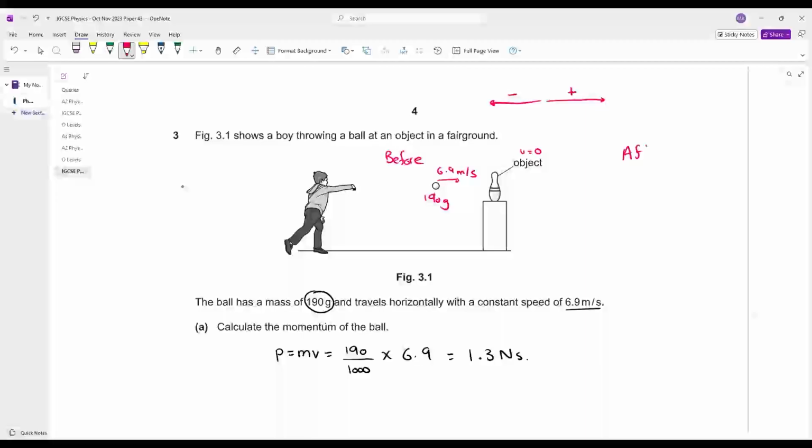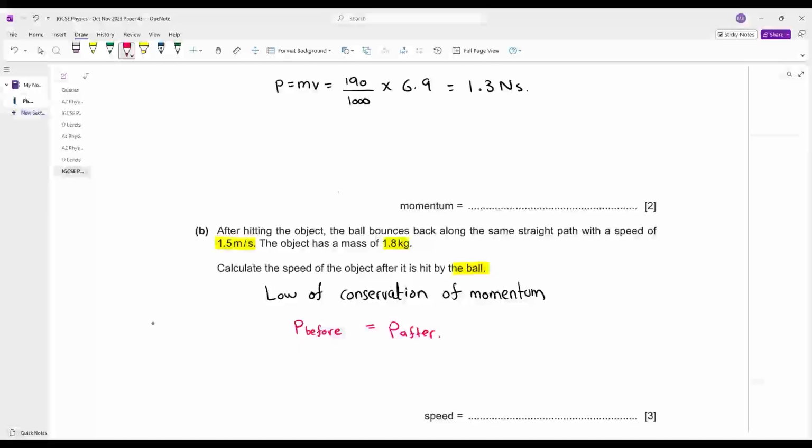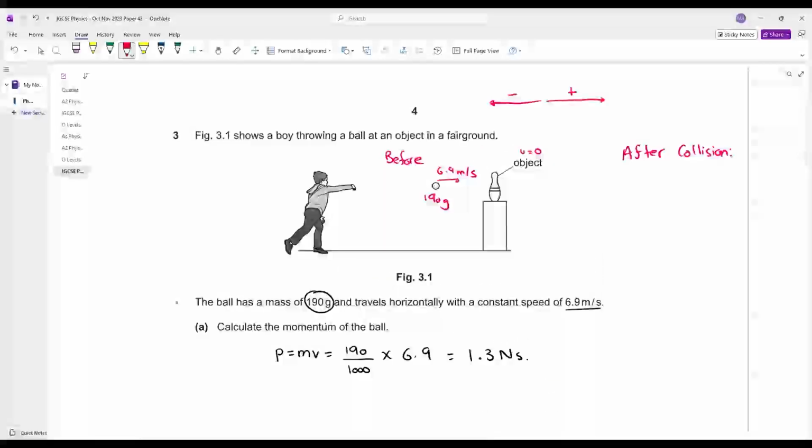What will be your scenario after collision? After collision, the ball travels with a speed of 1.5 meters per second back along its straight path, like this.